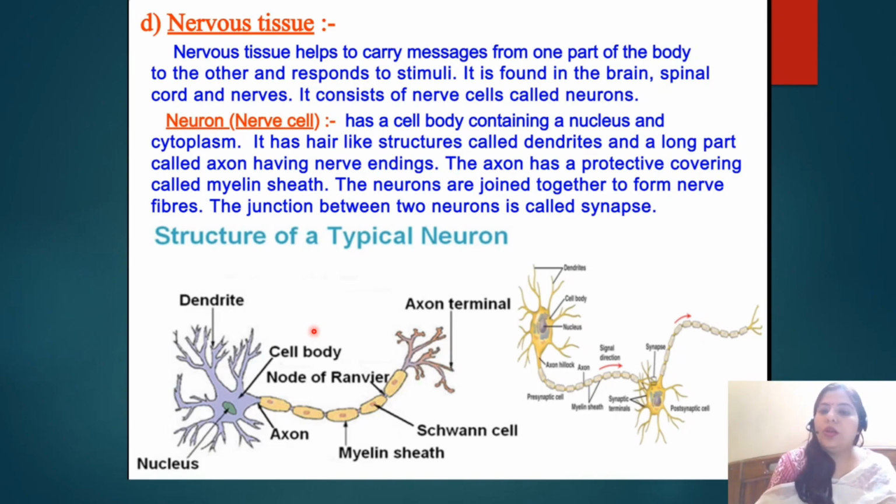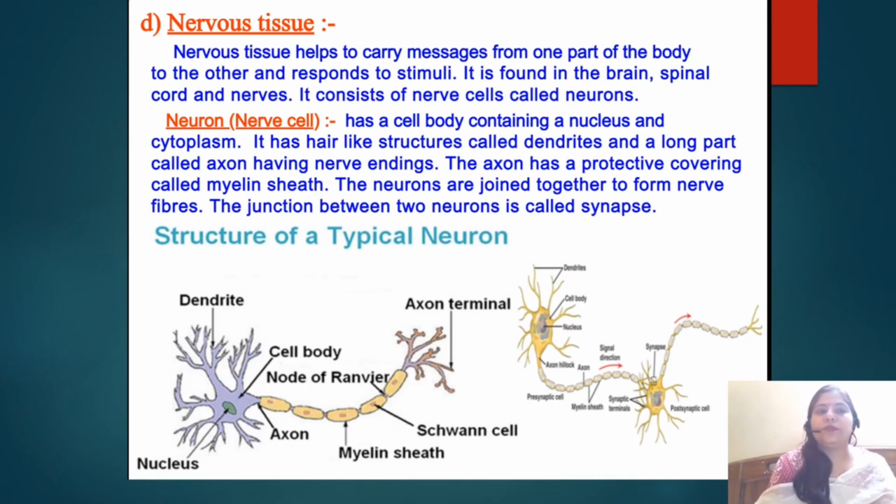So that's all for the different types of plant and animal tissue. I hope all of you have understood the concept, and please go through your NCERT book for further explanation.